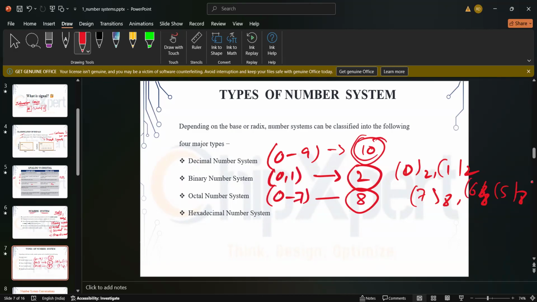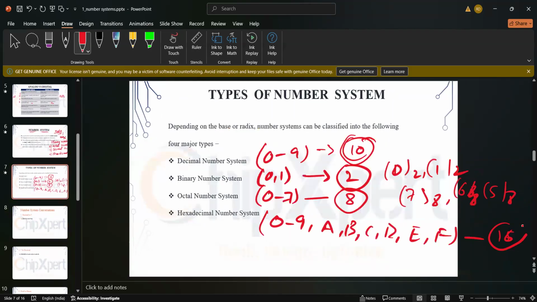And the last number system is the hexadecimal number system, right? It is going to represent from 0 to 9, comma, A, B, C, D, E and F. The radix of it is 16.